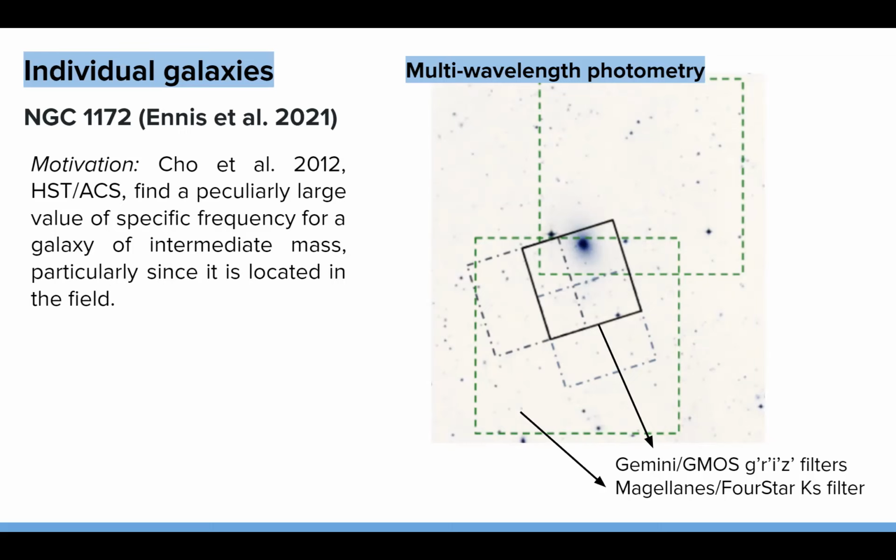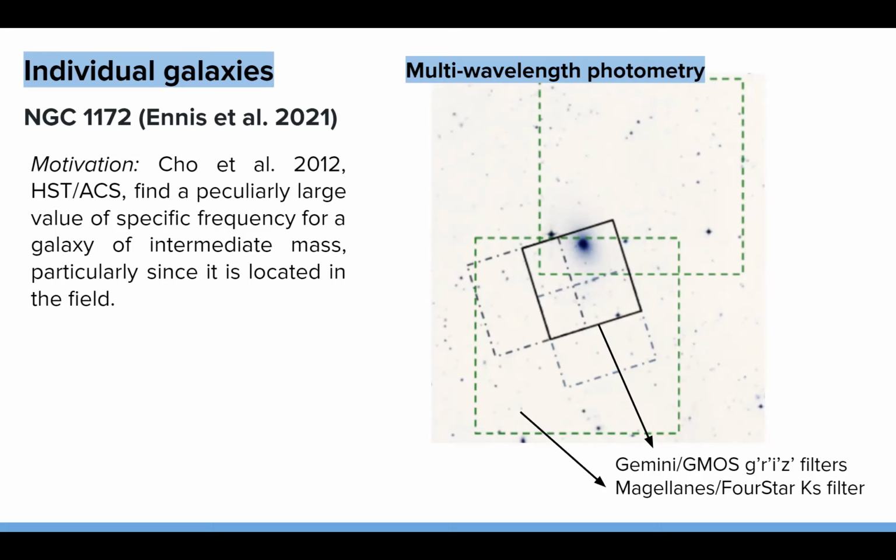One of them is that the color distribution seems to be narrower than most globular cluster systems' color distributions. And also that the specific frequency for this galaxy, which is a parameter of globular cluster systems that we'll look into in two slides, is very, very high for a galaxy of this mass, specifically considering that it is located in such a low density environment.